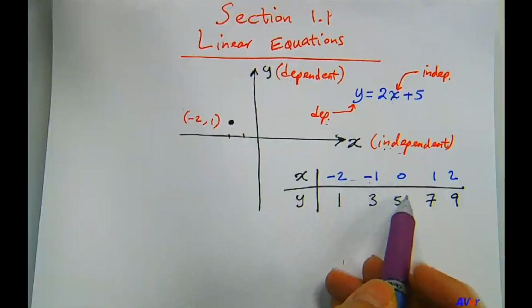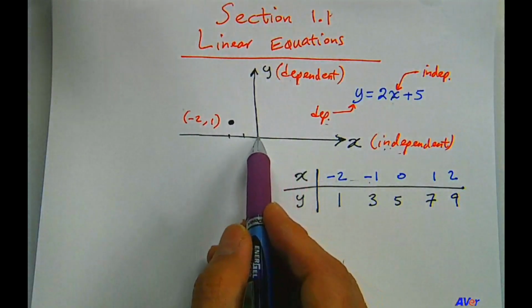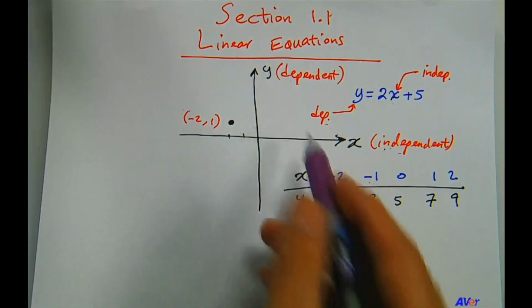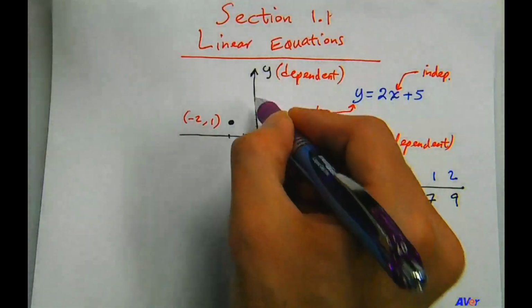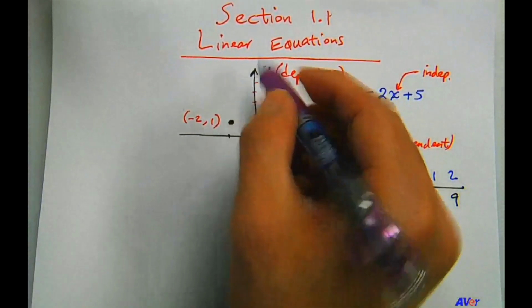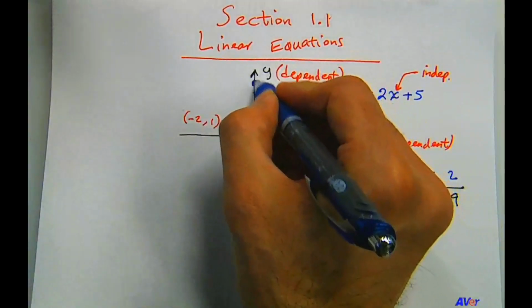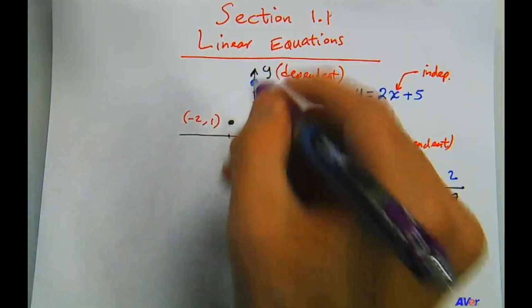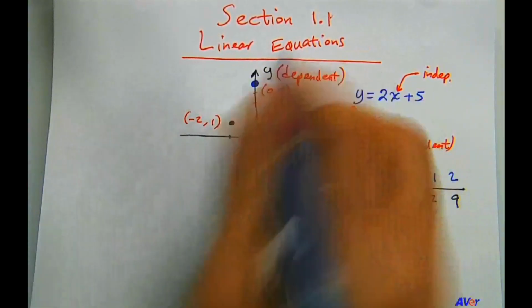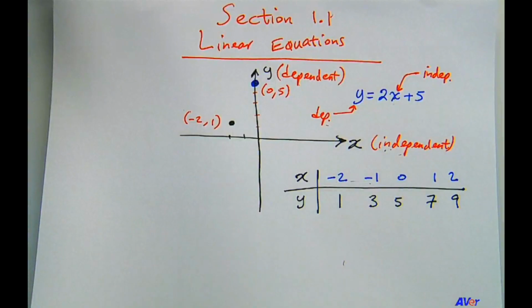And let's plot this point, 0, 5: 1, 2, 3, 4, 5. So that would be that point, 0, 5. And then we can connect these with a straight line.